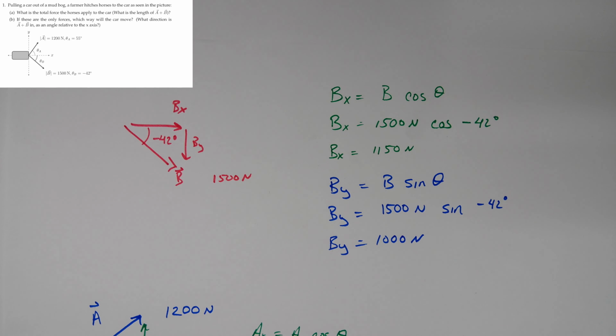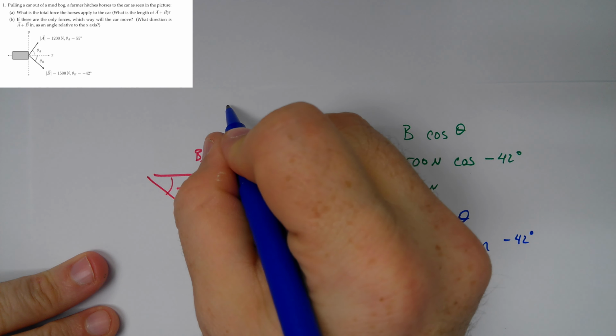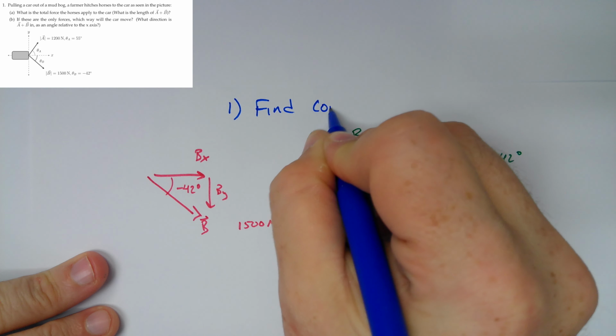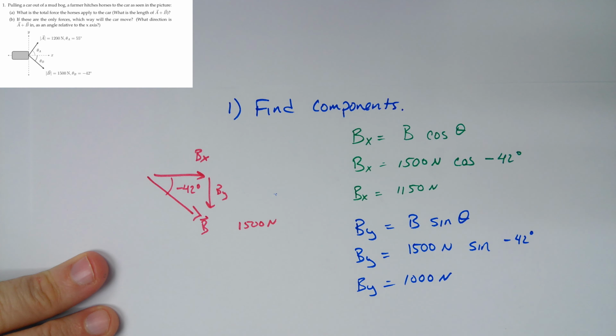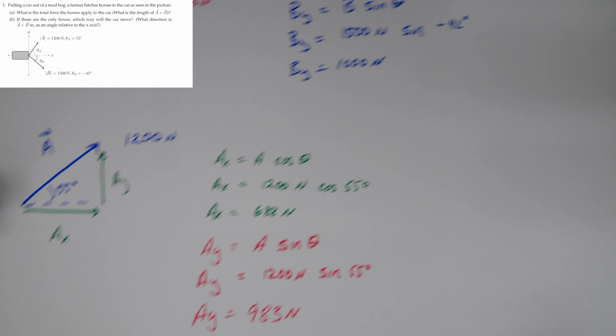When we add the vector, this is the first step. The first step here is just to find the components. So we found B and we find A here. Now what we need to do is add these components.